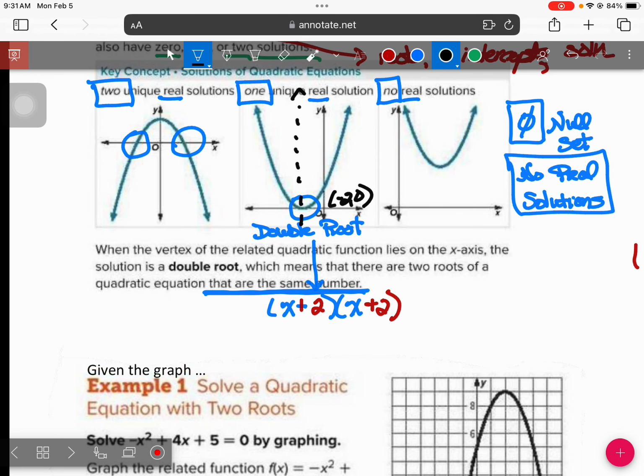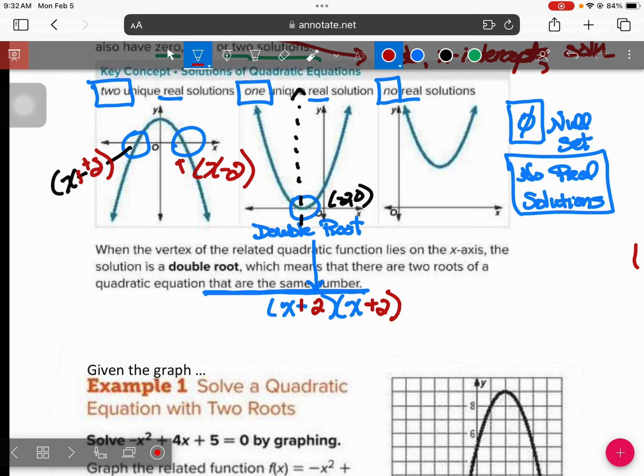So, if I was looking at this over here, the one that has two solutions, this would be like x minus -2, because my root looks to be like -2, so that would be subtracting the opposite. This one would be x minus 2.